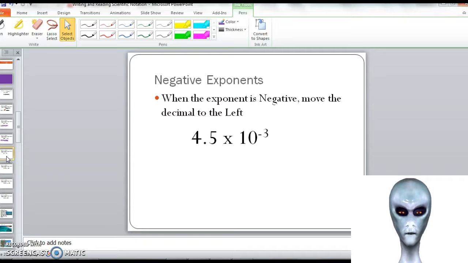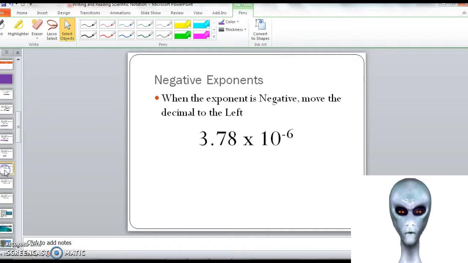Okay, let's look at another example. 4.5 times 10 to the negative third power. Again, I'm going to write down my digits, 4 and 5. My decimal point is here, so I have to move it to the left 3 times. 1, 2, 3. I'm going to put my decimal point.